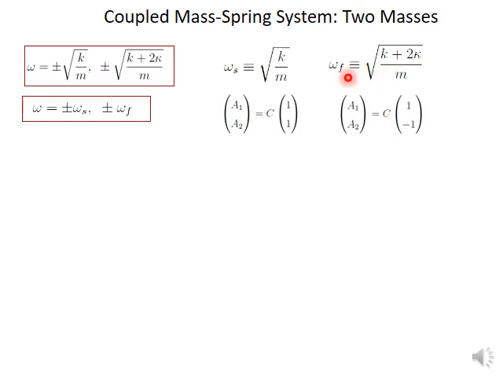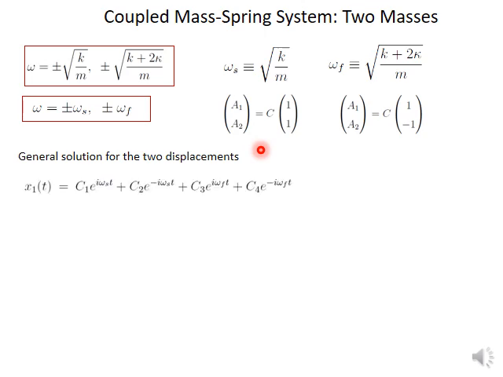But for this type of solution, a1 and a2 have opposite signs, so if a1 is c, a2 would equal minus c. So let's write the general solution for these cases, considering we have these four different frequencies in the system.